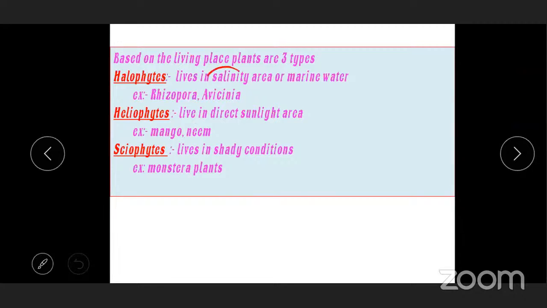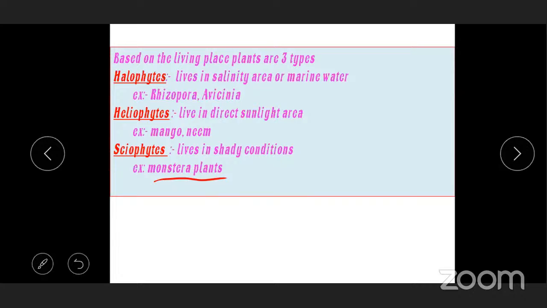Plants grown under salinity conditions are halophytes, for example Rhizophora and Avicennia. Plants that live in direct sunlight are heliophytes, for example mango and neem. Plants grown in shady conditions are sciophytes, for example Monstera plants.